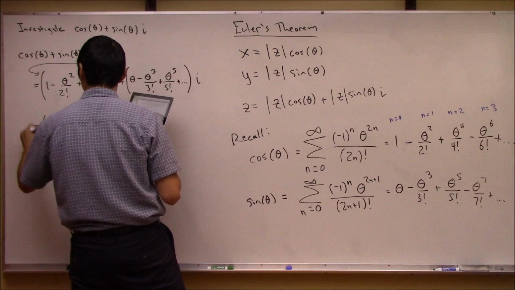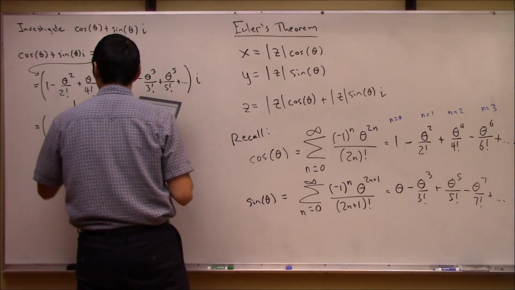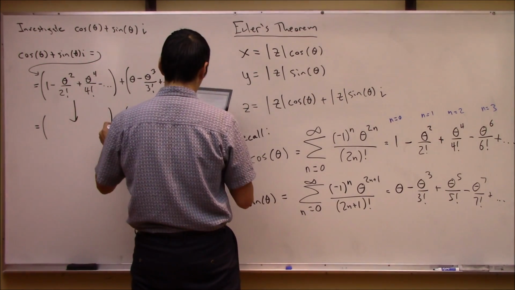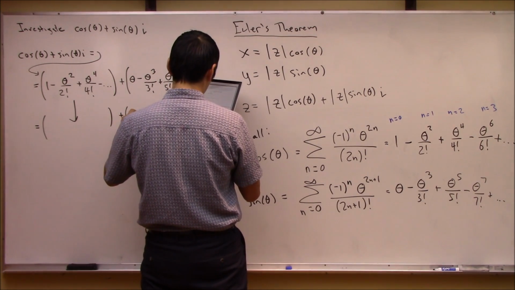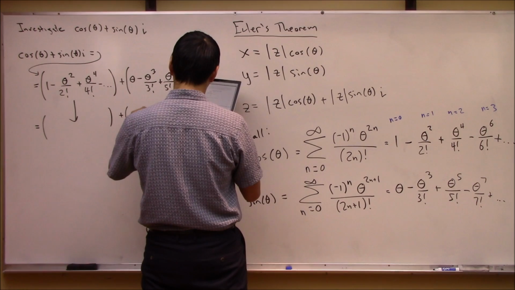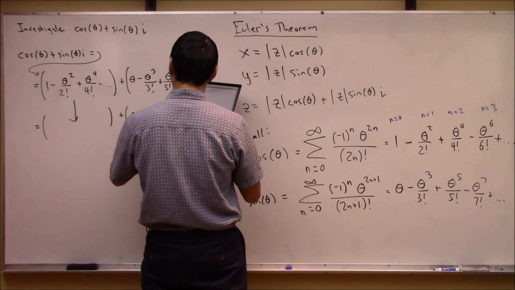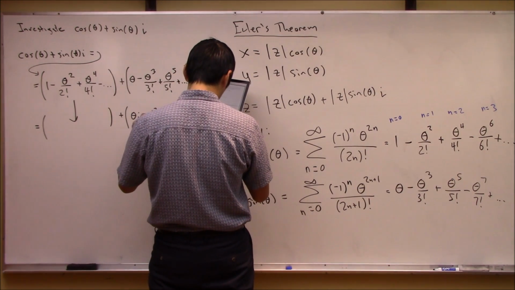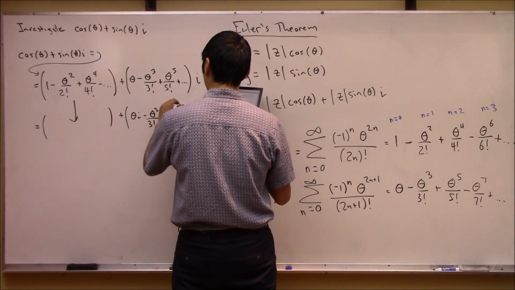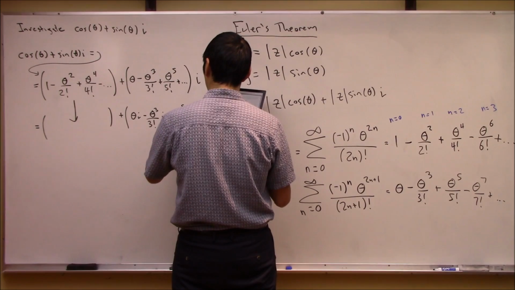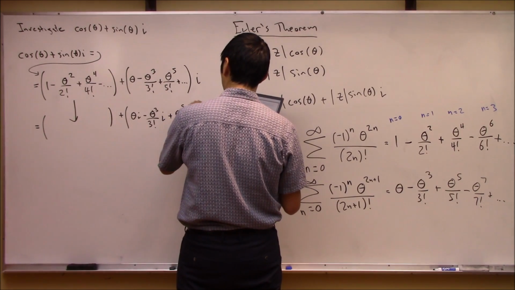So again, this is the same, so let's just do that. Plus, okay, in this case, we end up with theta I minus theta cubed over 3 factorial I, right? Plus theta to the 5th over 5 factorial I plus yada yada yada, right?